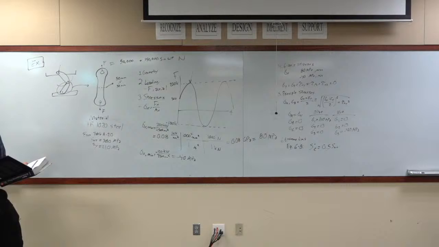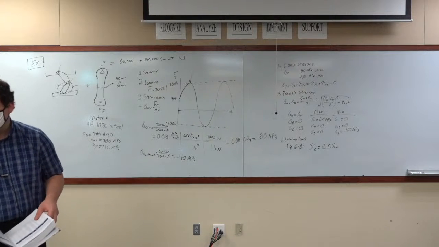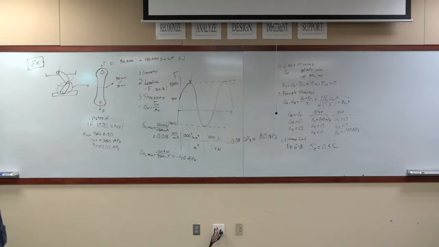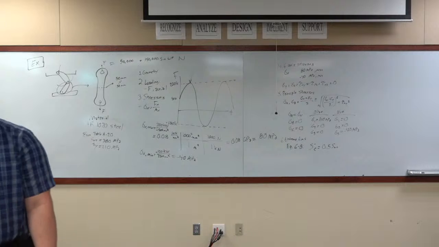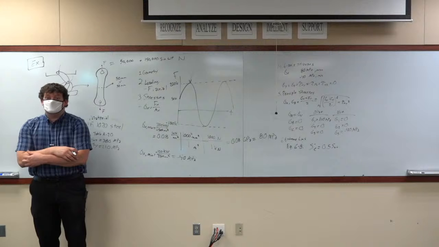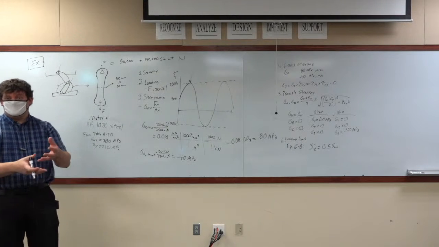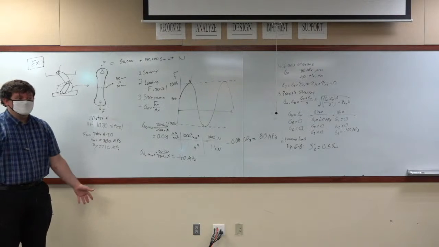Okay, why doesn't this table give me endurance limit values? Because the endurance limit depends on how many cycles happen. It depends on the material, it depends on the loading conditions.